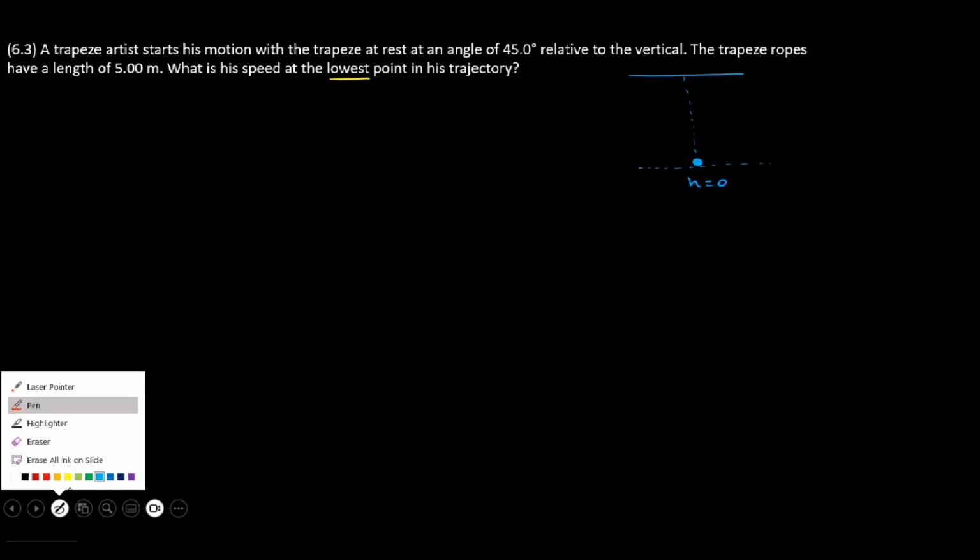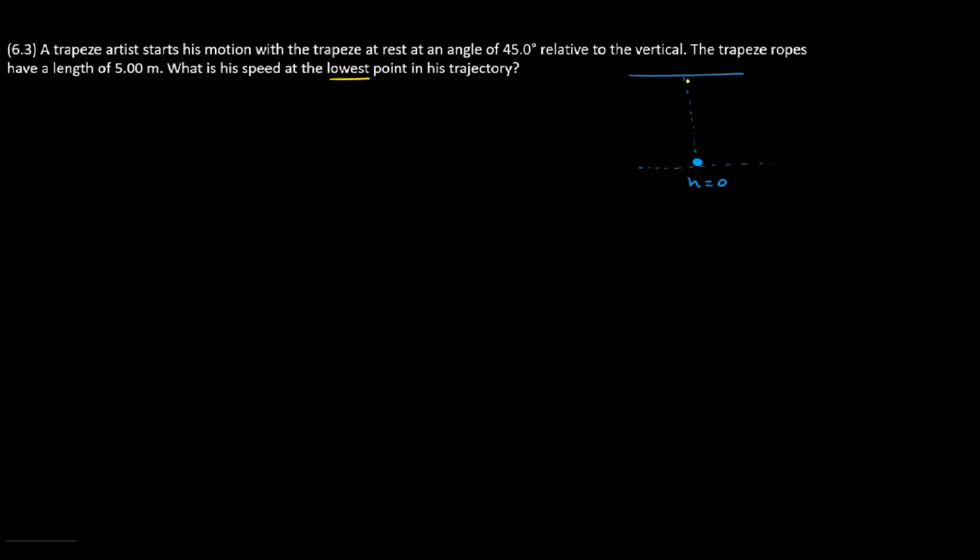The question says that the artist starts his motion at an angle of 45 degrees with the vertical. So this is the point where he starts his motion, and since he's beginning the motion here, the velocity at this point will be 0.